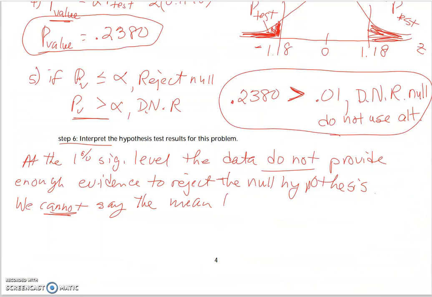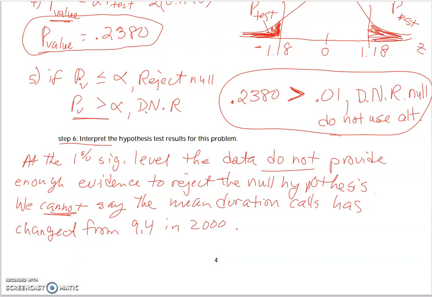So we cannot say the mean duration of calls has changed from 9.4, and that was from the year 2000, and I think it was 9.4 minutes. Okay. So at the 1% significance level, the data do not provide enough evidence to reject the null hypothesis. We cannot say the mean duration of calls has changed from 9.4 minutes.